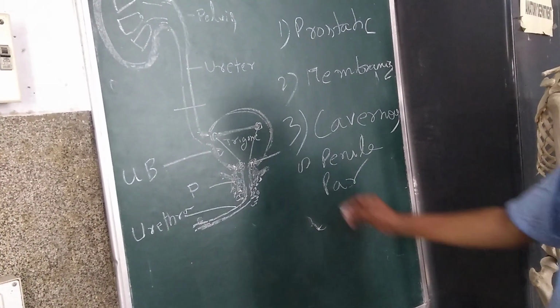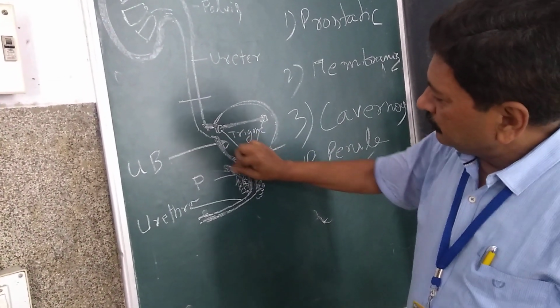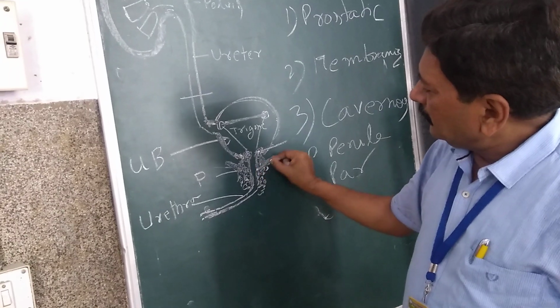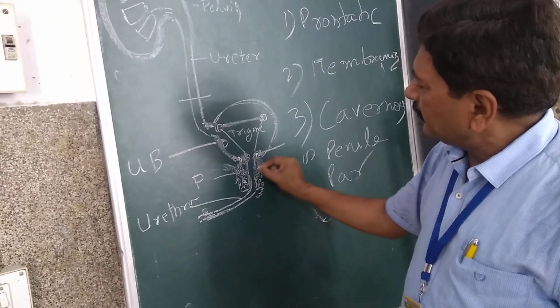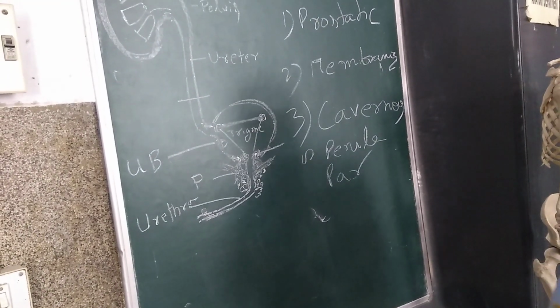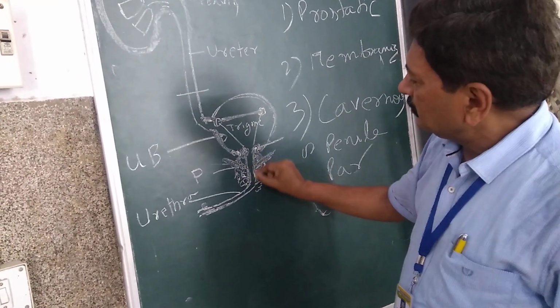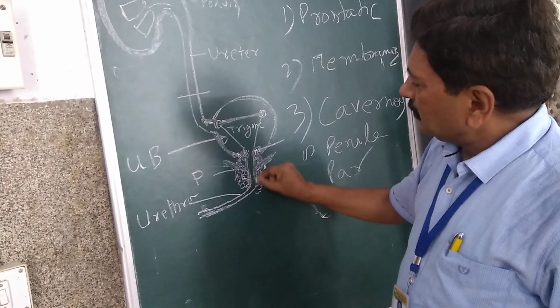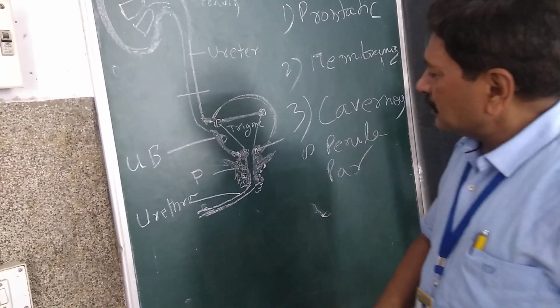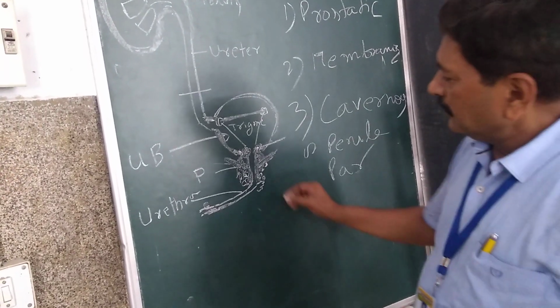The lining epithelium of the prostatic urethra above the opening of the ejaculatory duct is transitional epithelium, and the lining epithelium of the membranous urethra is either stratified columnar or pseudo-stratified columnar.